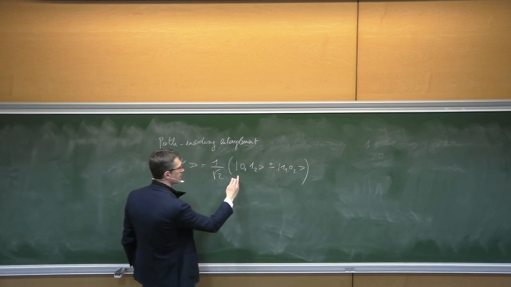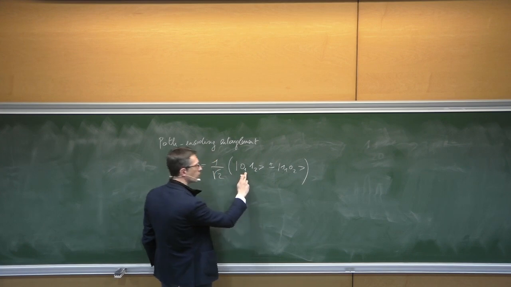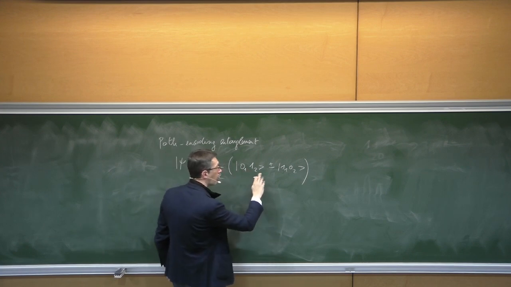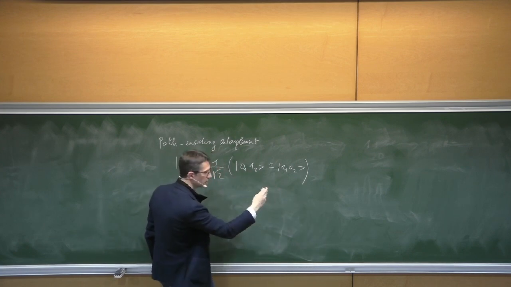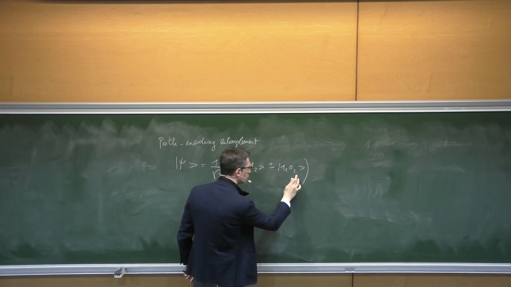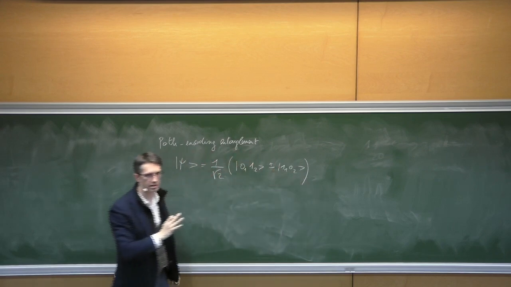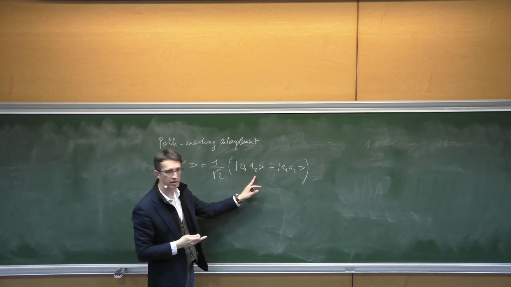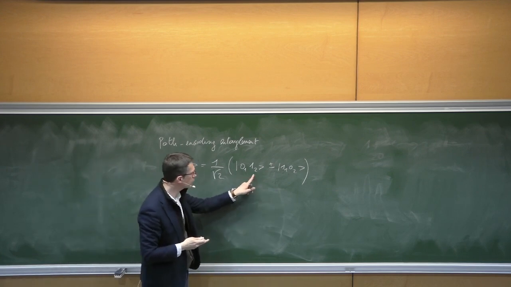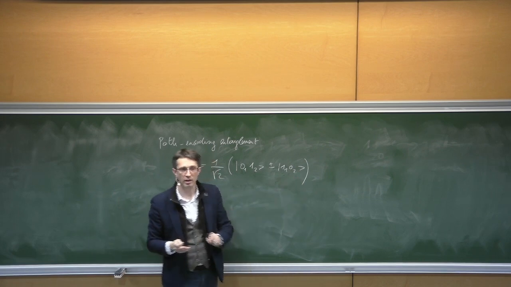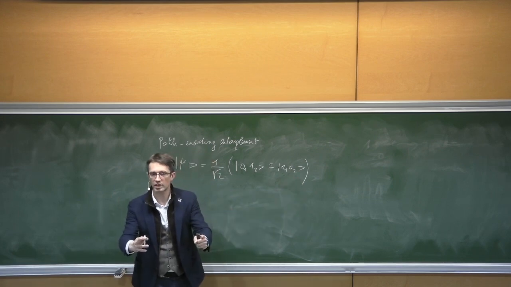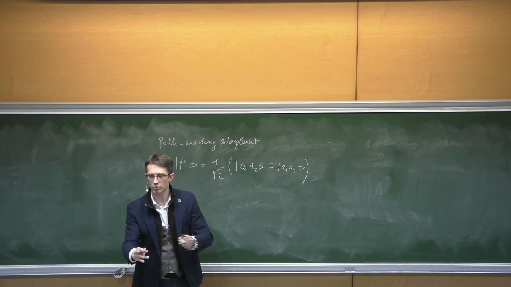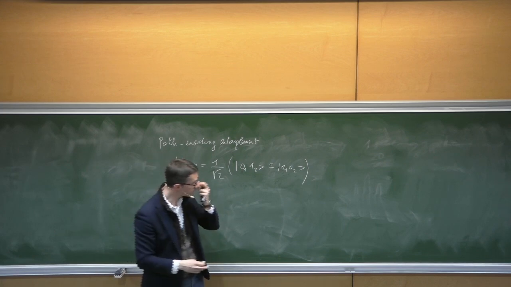So the fact that I can write 0 in 1 and 1 in 2, or 1 in 1 and 0 in 2, is an entangled state in path encoding. The entanglement is in paths 1 and 2, where you have an entanglement between the photon went this way and not there, or it went this way and not there. Okay.